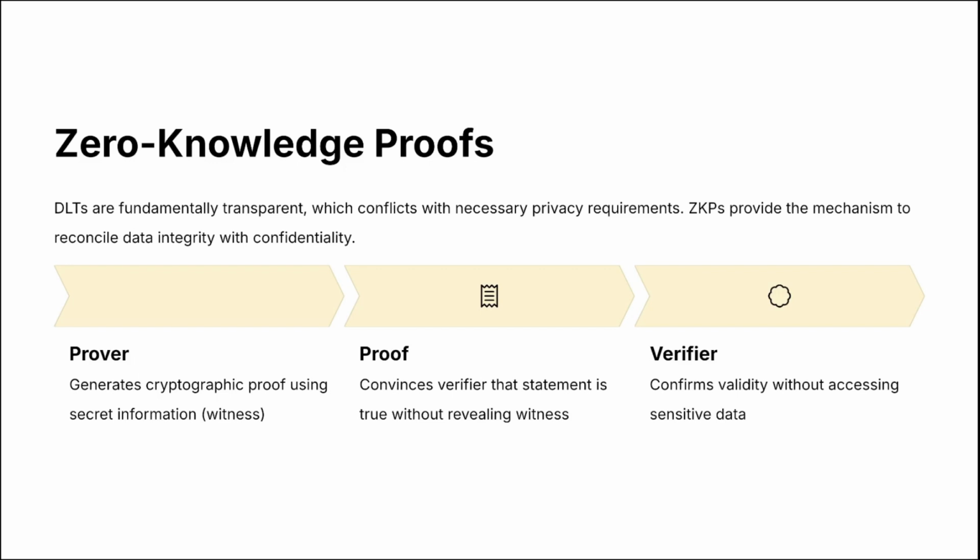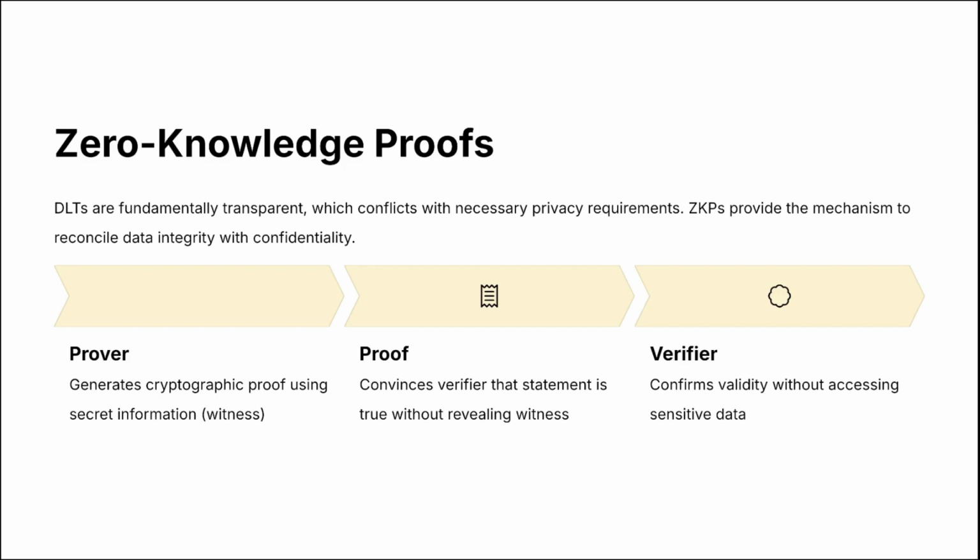ZKP allows one party, called the prover, to demonstrate that they know or have verified certain information, like a password, balance, or identity, without revealing that information. The prover uses that secret information, known as a witness, to generate a cryptographic proof.